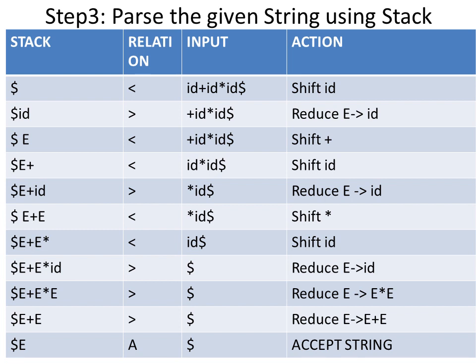So when you shift the ID from the input string to the stack, the stack will be having dollar ID, and after shifting ID, the input string will be having plus ID star ID dollar. Now take the second symbol from the input string, plus.